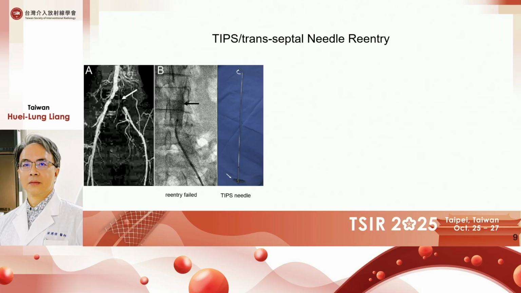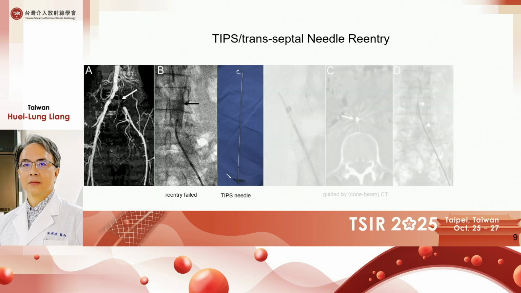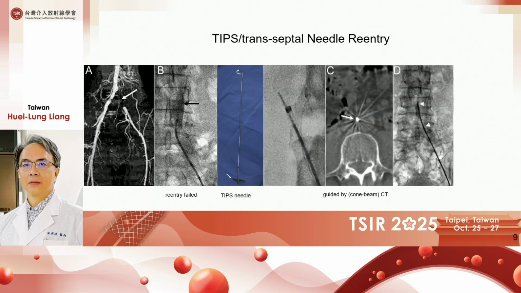If there's no Outback reentry available, we can use a curved tip needle or a transseptal needle as a substitute. After advancing the tip needle in the subintimal space to the level of the patent abdominal aorta, we'll check the needle position by angio CT or combined CT.